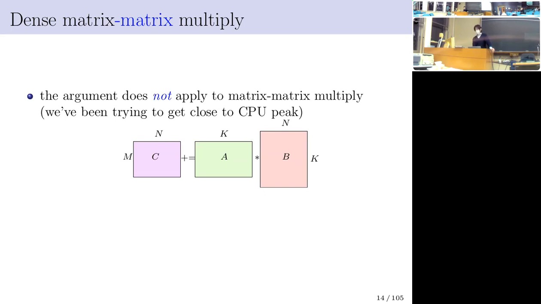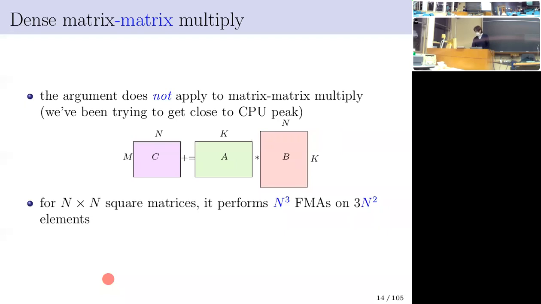So let's analyze how much computation it does and over how much data. Let's consider C plus equal A times B, and these matrices being of dimensions M, N and K. For the sake of simplicity of the argument, let's make all three equal to n.